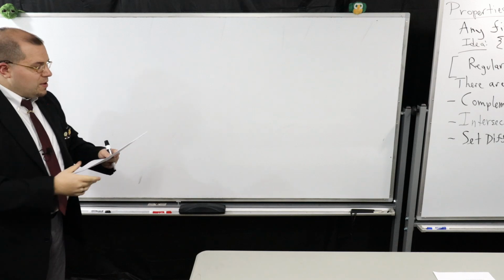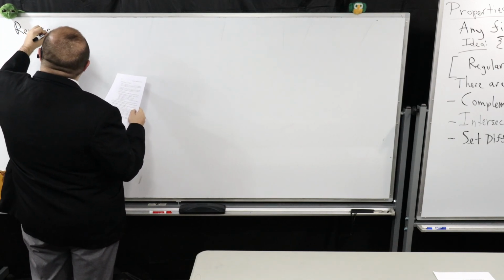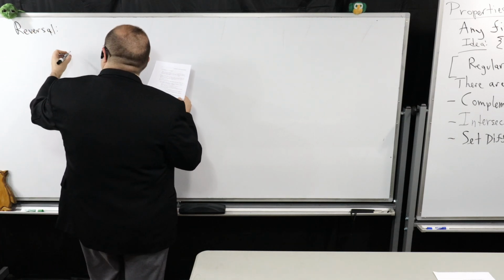Okay. So I've got to define reversal for you, because we haven't talked about reversal up to this point yet. It's going to be relevant more as this course progresses.